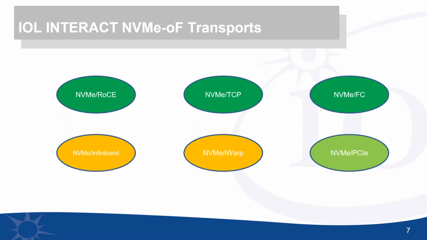Now, we're not trying to block any solutions, and we'd love to work with InfiniBand or iWARP, but right now we're looking to achieve critical mass to make sure that we've got enough products that can actually come in so we can have Plugfests and run all the tests against these types of devices. That's really the only reason why we today don't support InfiniBand or iWARP in Interact, but we'd love to.